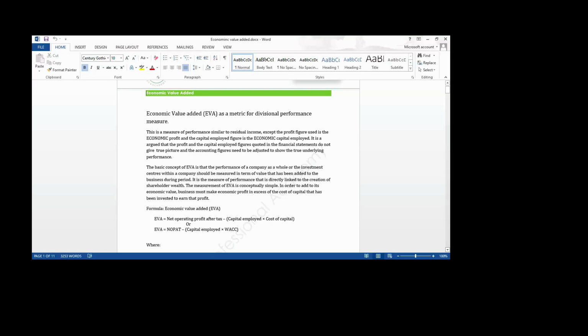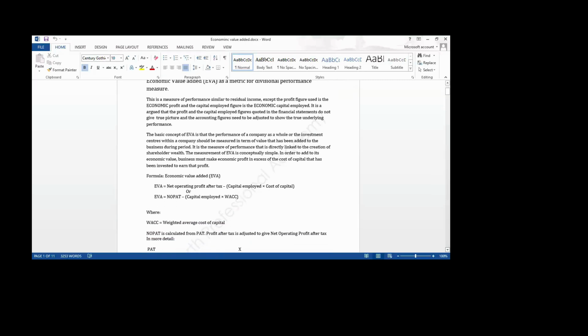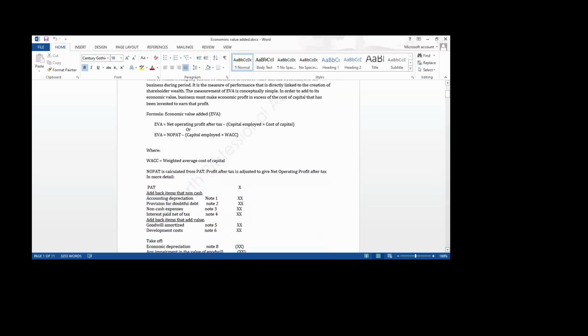In other words, you are going to adjust the accounting profits. You are going to adjust your accounting profit after tax so as to derive economic profit after tax.